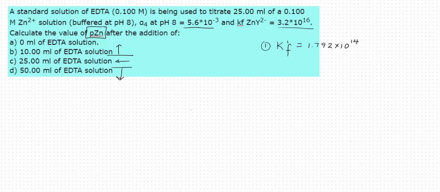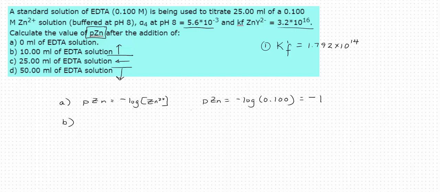So at 0 milliliters of EDTA, before any EDTA is added, all we need to do is take the concentration of zinc. So the pZn is going to be equal to the negative log of the concentration of the zinc. Before any EDTA is added, we take the negative log of 0.1, and that is going to be 1.